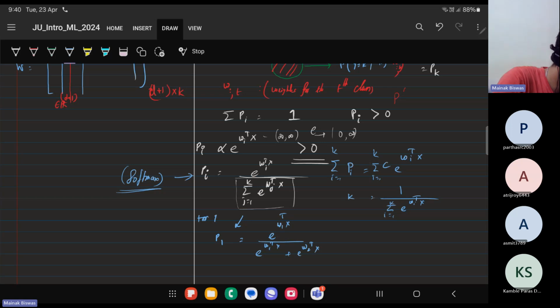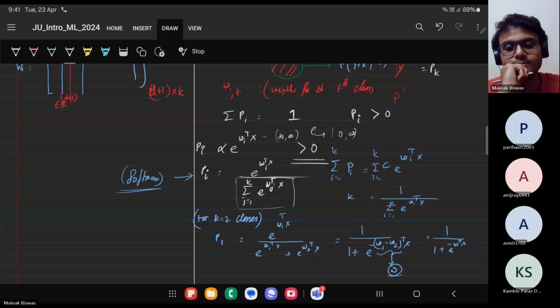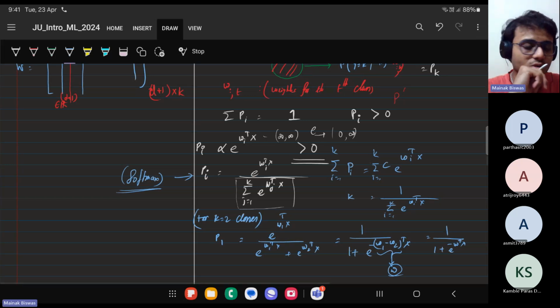For k equal to 2 classes, this is our logistic function. Because this is not learned separately, you can replace this by a single w. Right? Yes. This is the same thing. So this is called a softmax function.